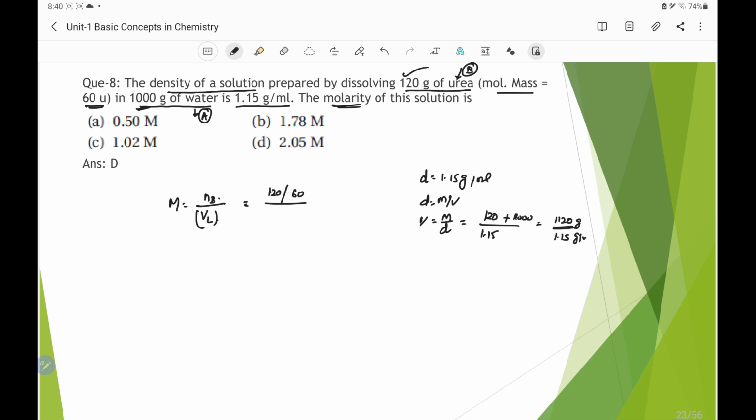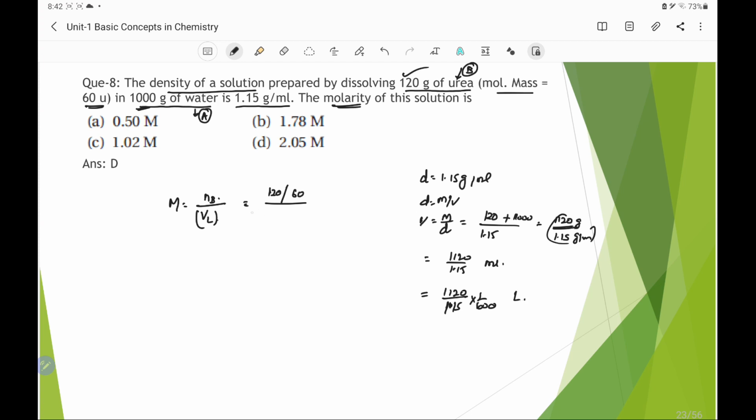So ultimately we will have the volume 1120 by 1.15 milliliter, and converting it into liter, we have to divide this by 1000, so it is 1.15 into 1000, which will give the total liters of the solution.